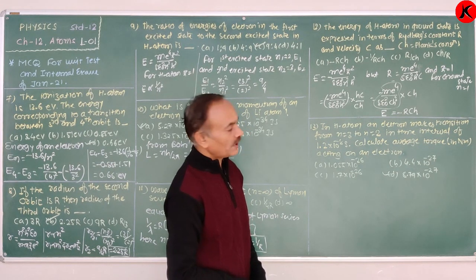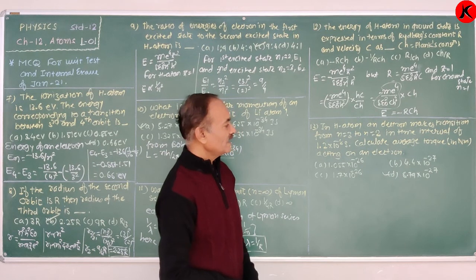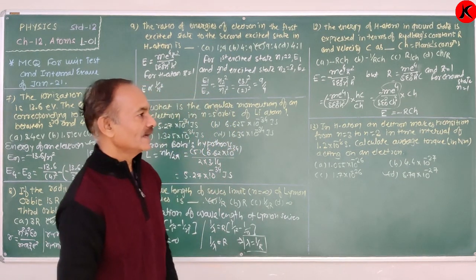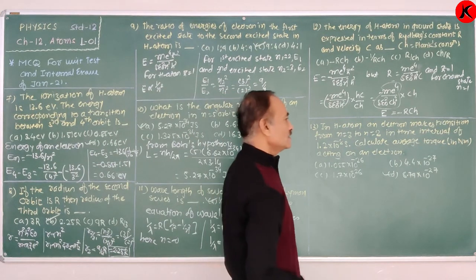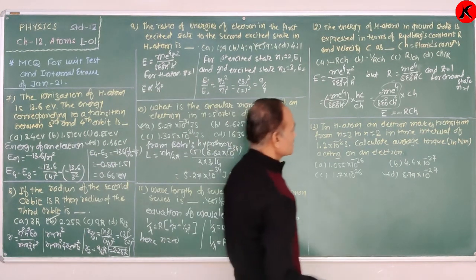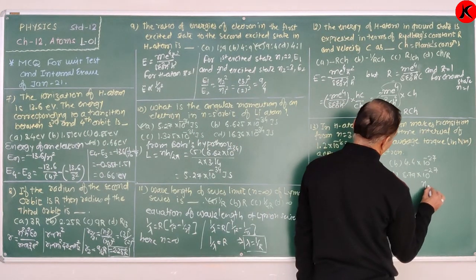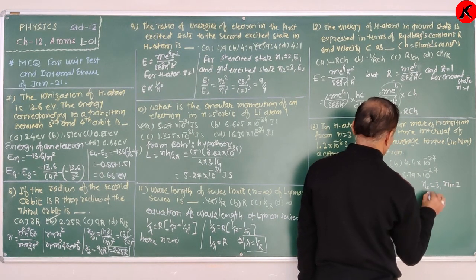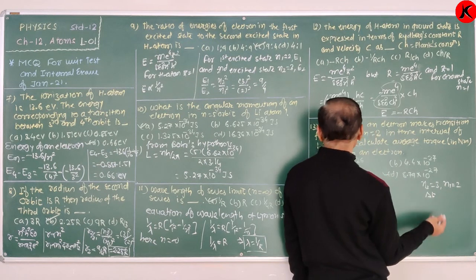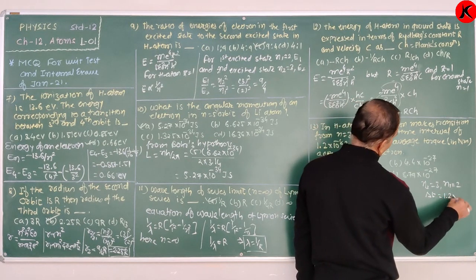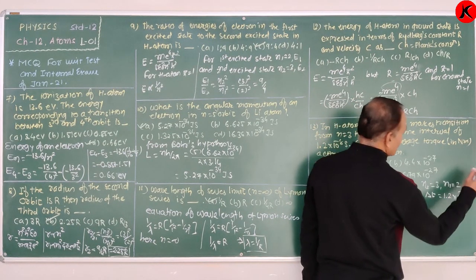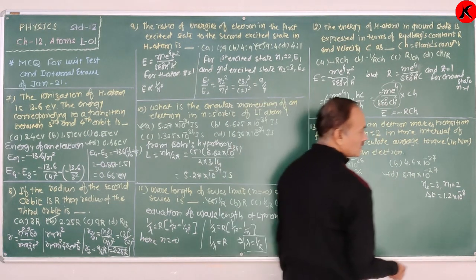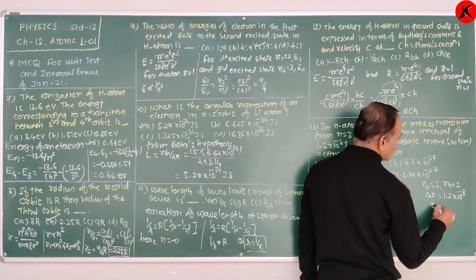Calculate the average torque in Newton meter acting on an electron. So here n2 is 3, n1 is equal to 2, time interval is given, delta t is 1.2 into 10⁻⁸. We have to find out the value of average torque, tau.